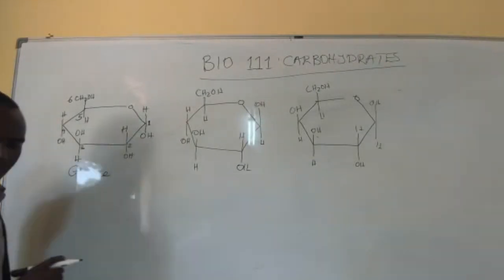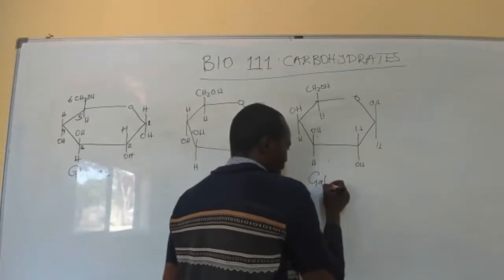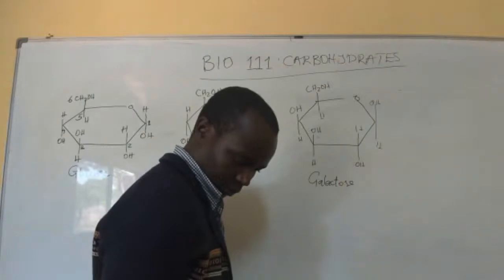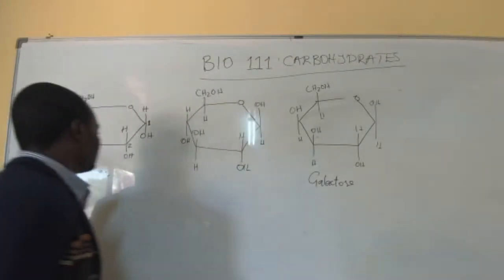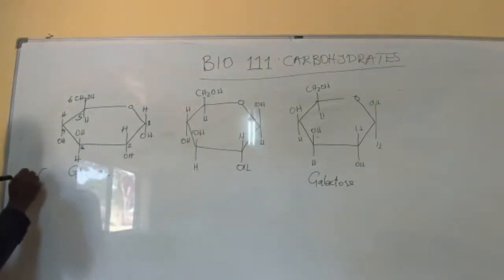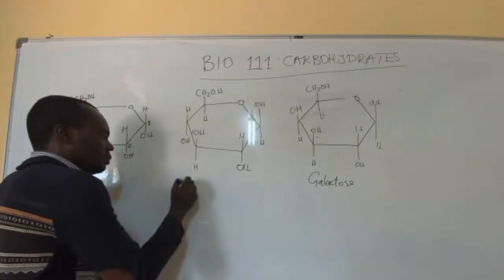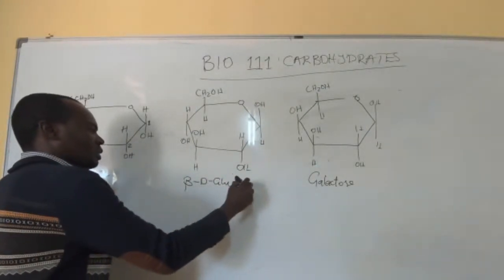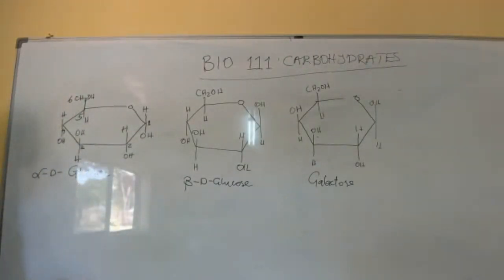This is your glucose. This is your galactose. Now, this is your alpha D glucose. This is your beta D glucose. So these are examples of stereoisomers for glucose.